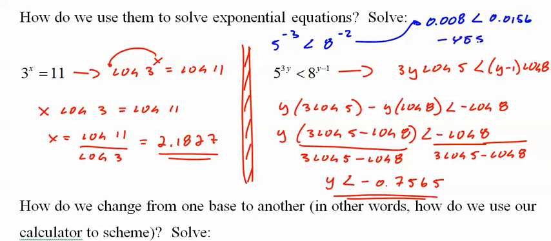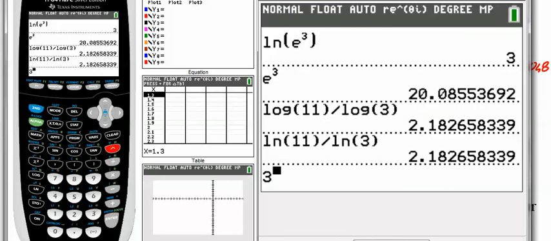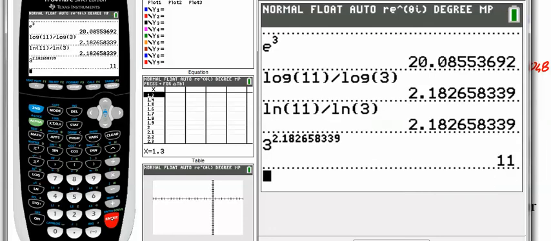Yes, works. I should probably put this back in and check. I'll actually do that on the calculator. 3 to the 2.1827. 3 to the, oh look, it's sitting right there. I'll just say answer. Should give me almost exact 11. It does. So you can check your work, which is nice.